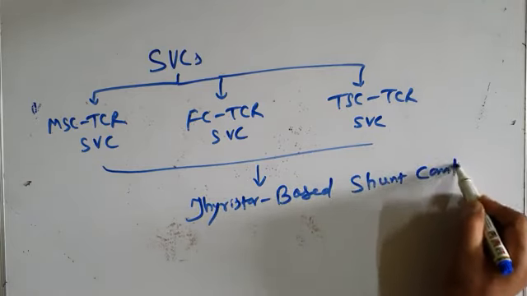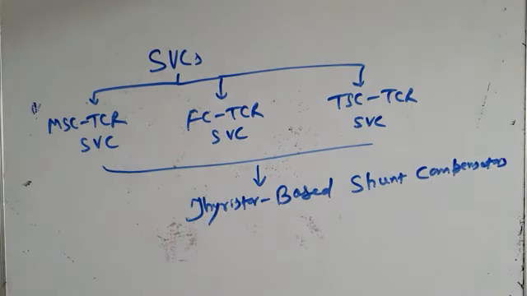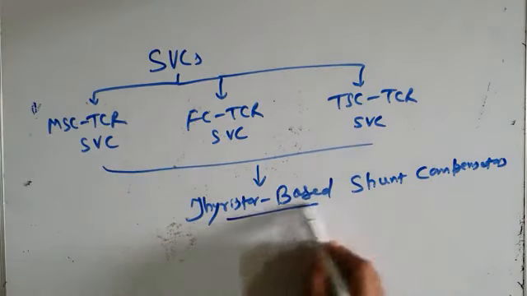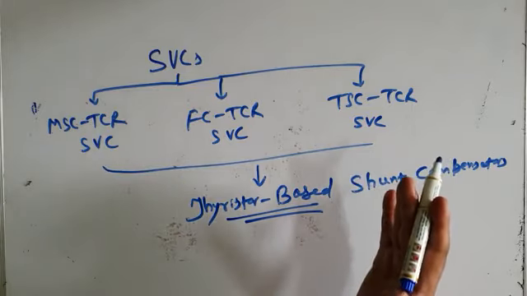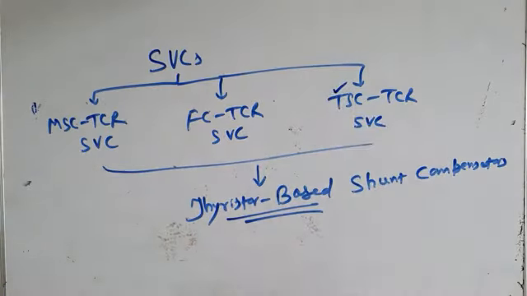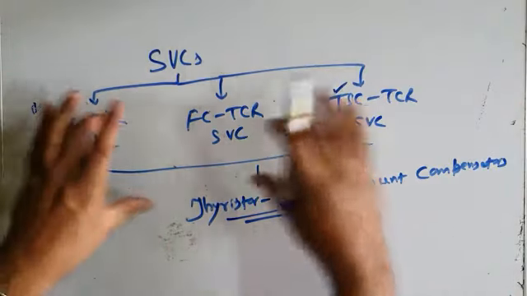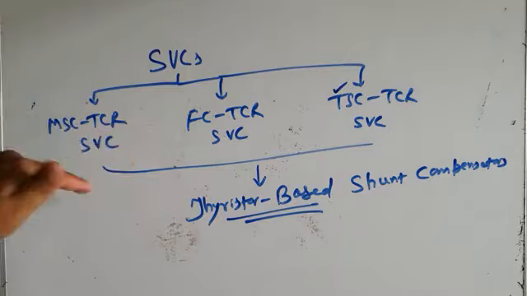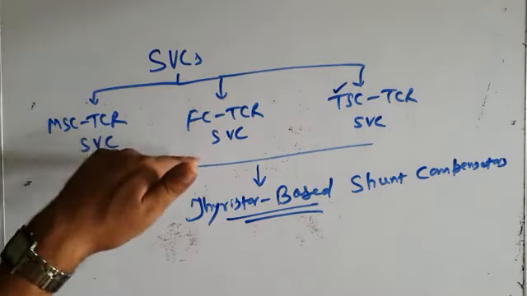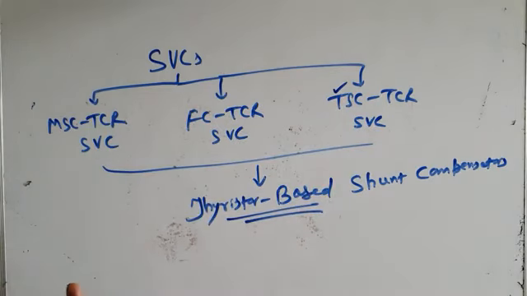They are shunt compensators because they are connected in parallel with the transmission system, but they are thyristor-based because the TCR is a thyristor-based component. TSC is also a thyristor-based component. So whatever the type of SVC, they are shunt compensators but thyristor-based.